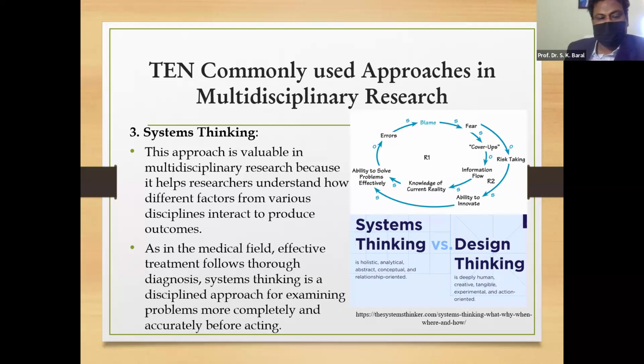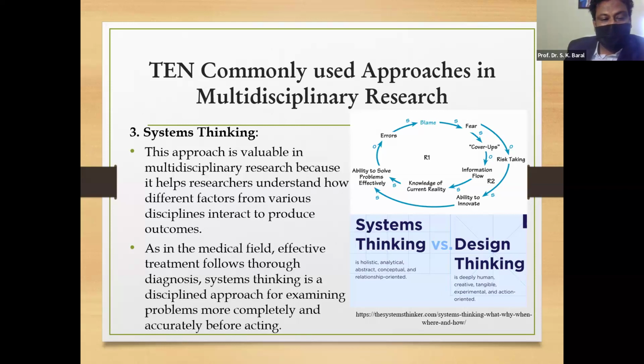Because you see, I'm going to share a very small example. Take the example of the medical field: effective treatment follows thorough diagnosis. Without diagnosis, effective treatment cannot be conducted.